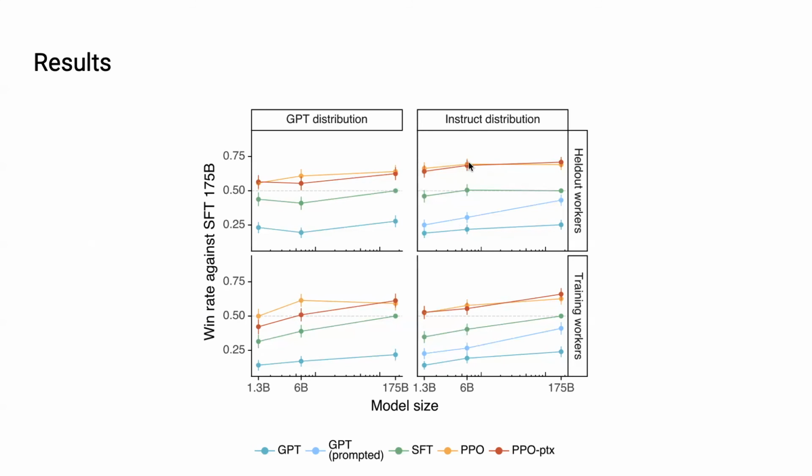And I think what's very interesting is that on the instruct distribution, from 6 billion to 175 billion, the performance does not improve by a lot for the held-out workers. It may mean that the model is still modeling the preferences of the labelers, and increasing the model size does not further improve the performance. On the training workers it still shows improvement, but on the held-out ones, the improvement is not that big compared to the training labelers.